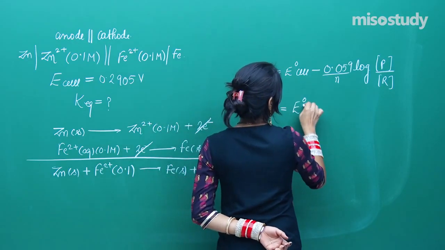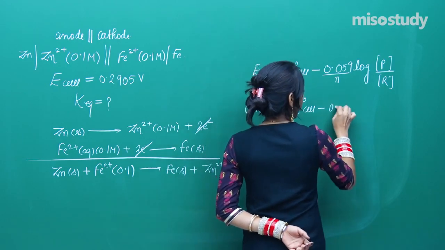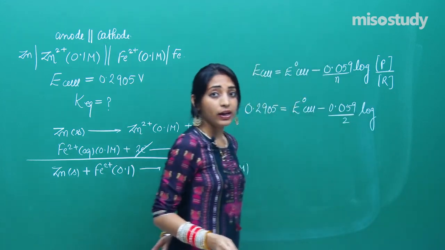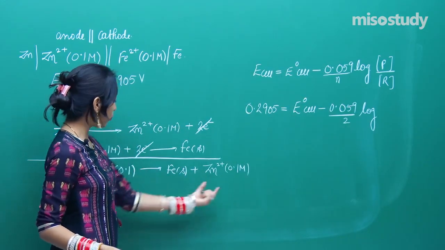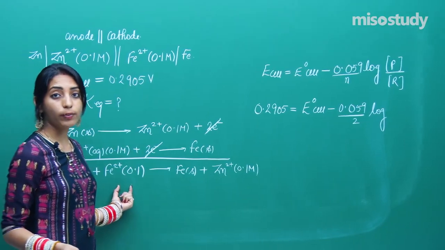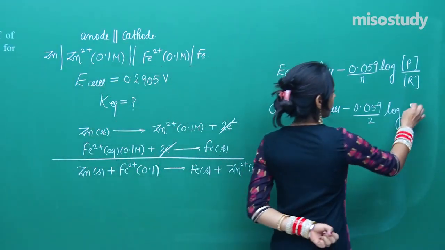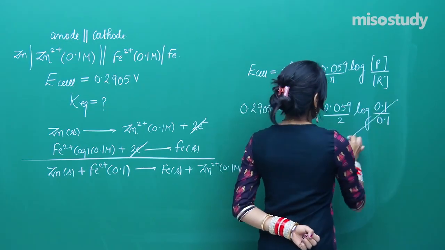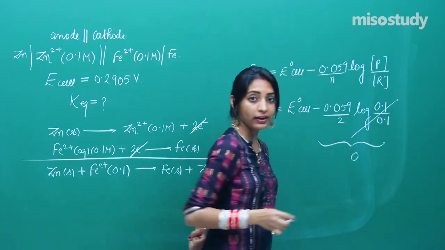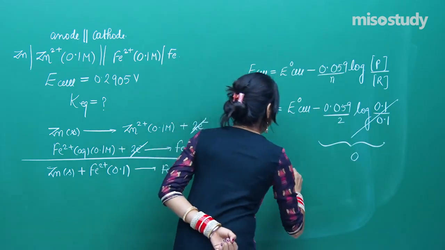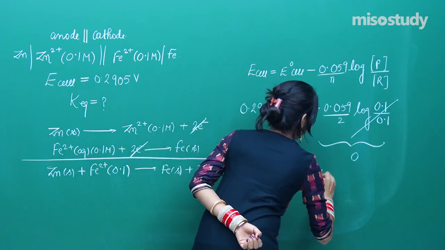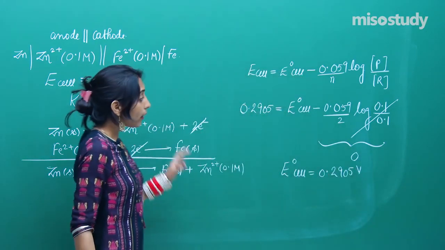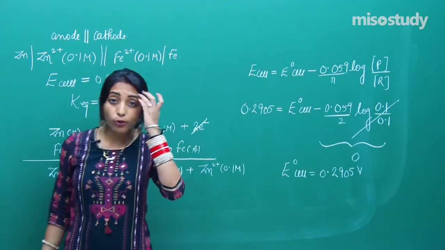Let me just write it as E naught minus 0.059 divided by 2 log of, see what is there in the product, 0.1 molar zinc, and in the reactant 0.1 molar iron. So the concentration is 0.1 divided by 0.1. Now this becomes log 1, the whole term becomes 0, right? And when the whole term is 0, you can simply write E naught of the cell is 0.2905 volts.